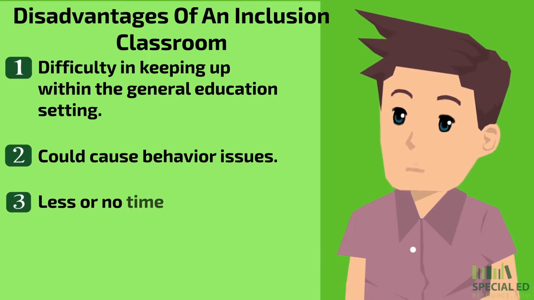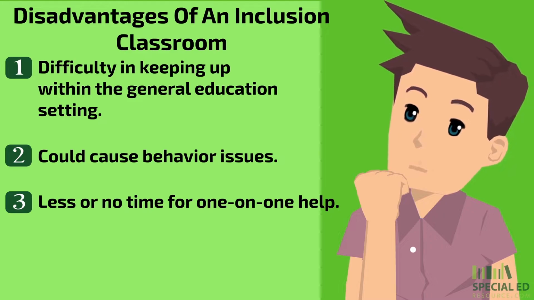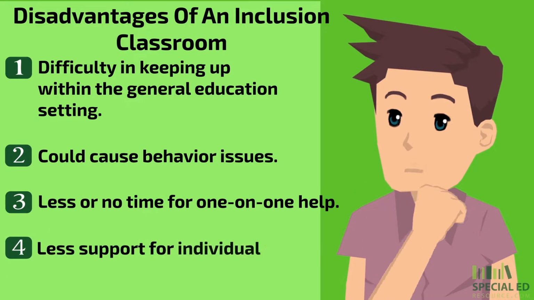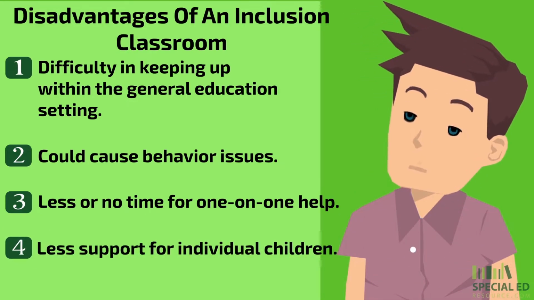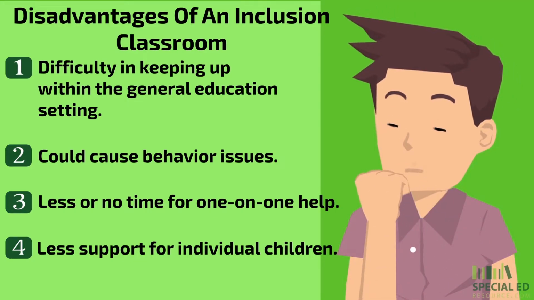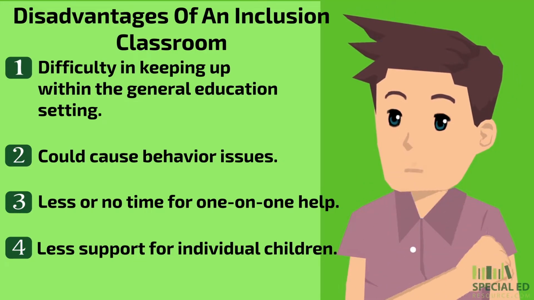Number three, students are often in a larger classroom and the teacher may not have time to offer individual attention. Number four, parents are concerned about their student and the amount of support given within the general education setting. The amount of support depends on the amount of time the special education students are spending in the general education setting, as we discussed previously.